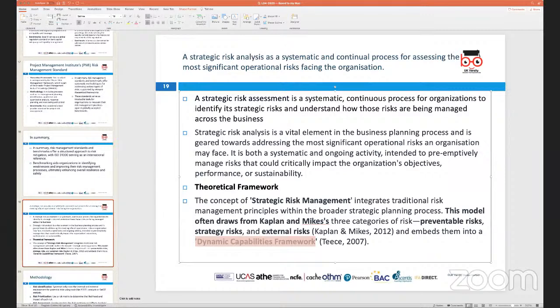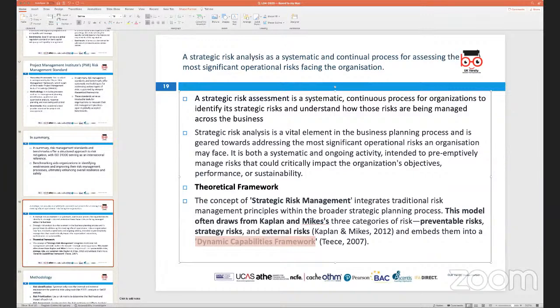Now, according to Teece and Pisano, who worked on this framework and introduced it later in the 1990s, the dynamic capabilities of the firm are the ability of the firm to integrate, build, and reconfigure internal and external competencies to address a rapidly changing business environment.